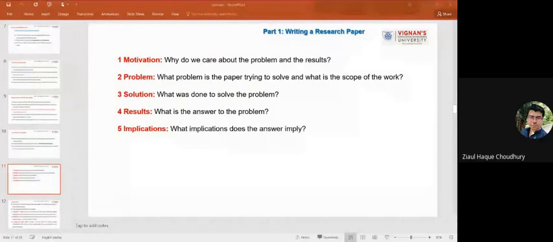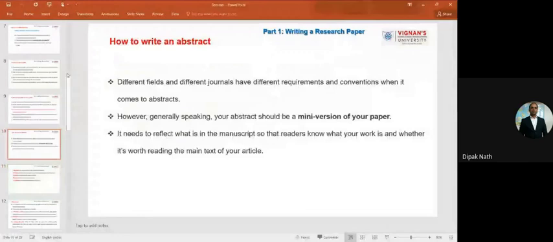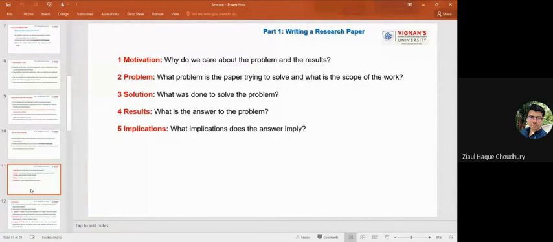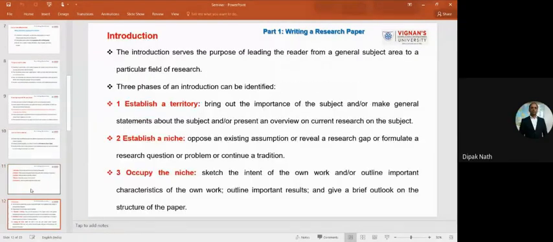Still slide number 11. Now we can see slide number 10. Now it got stuck, sir. Yeah, it's moving, sir.